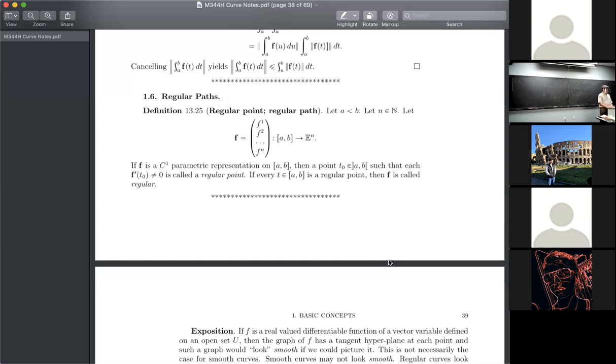So the idea of a derivative, meaning you don't have a corner or a cusp, is lost when you parameterize, because when we parameterize, we're not looking at the graph of the function, we're looking at the range of the function. And that changes things.